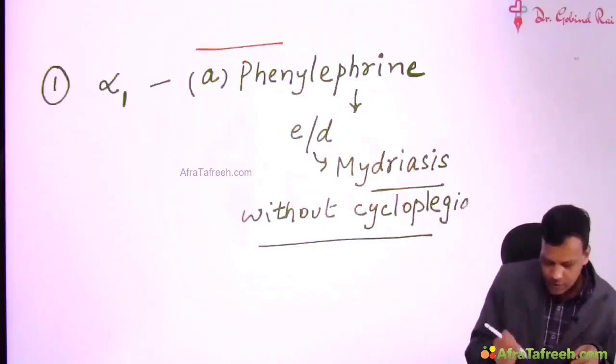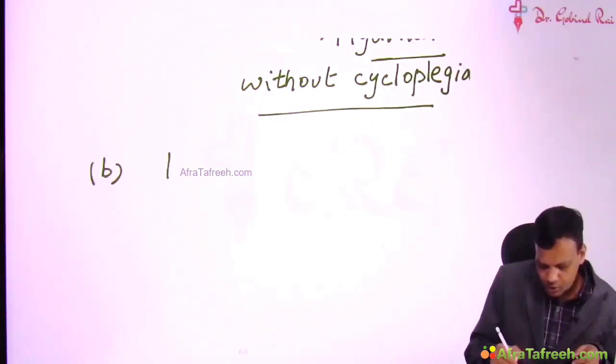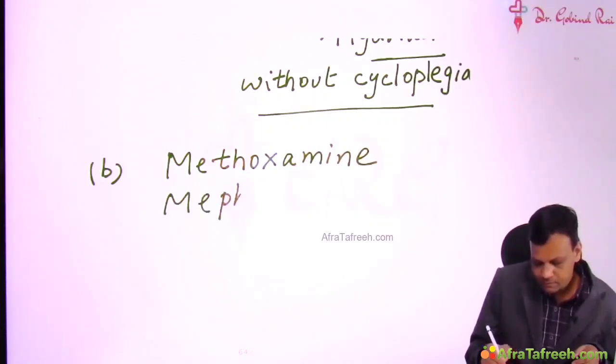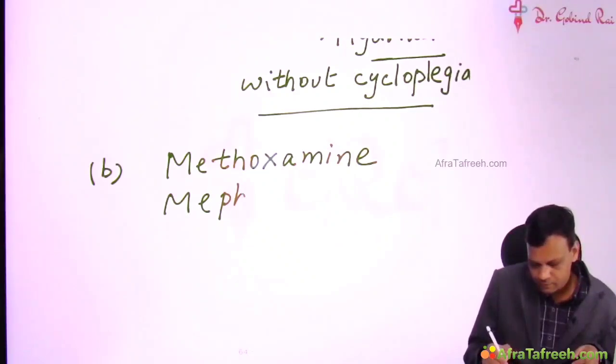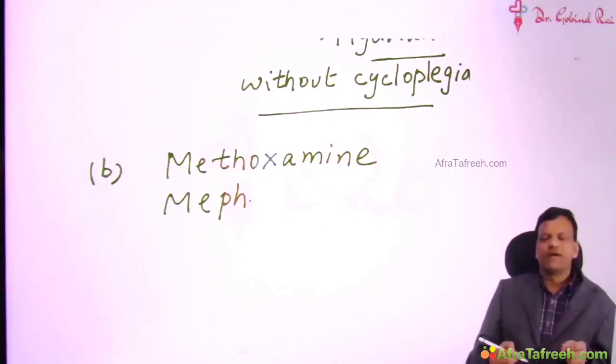Now, other drugs which stimulate alpha-1 receptors include methoxamine, mephentermine, and midodrine.